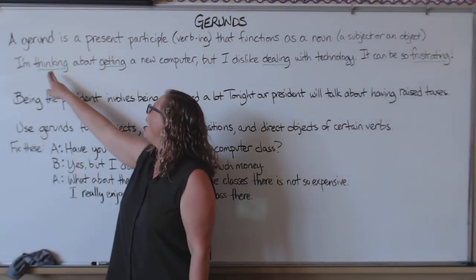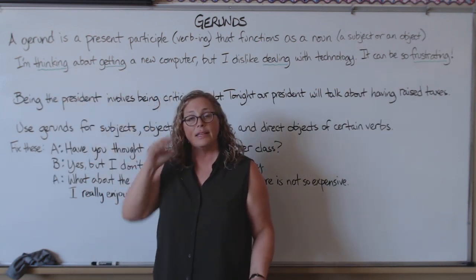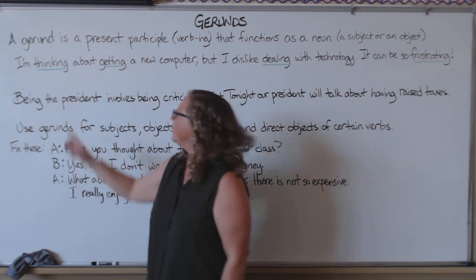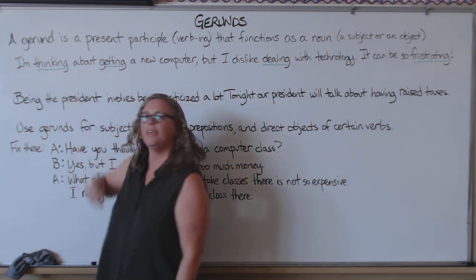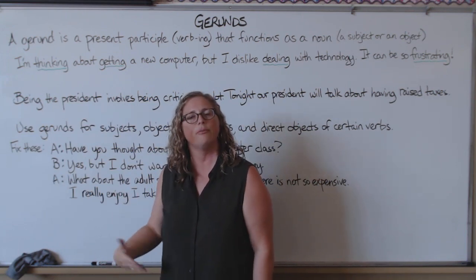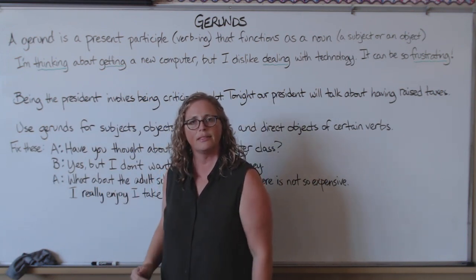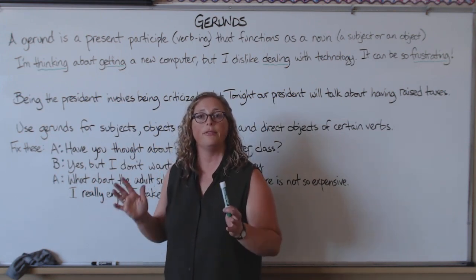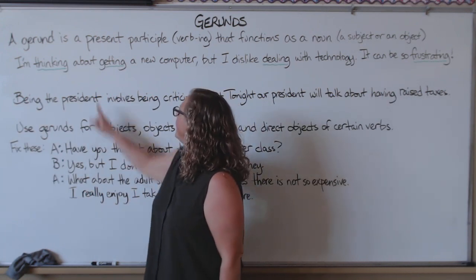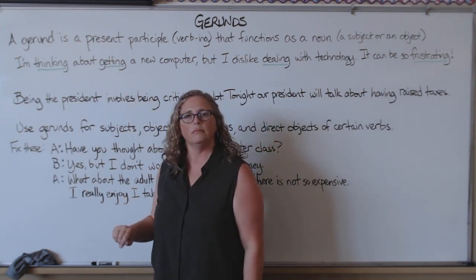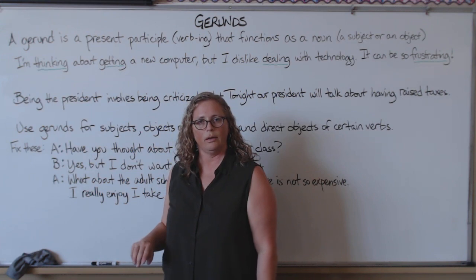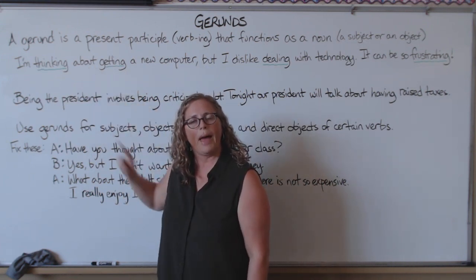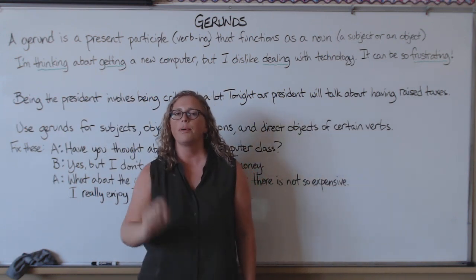Okay, so the first one, I'm thinking, what is this? Is this a noun? No, it's a verb. Here's the verb. The verb is am thinking. This is the present progressive, present continuous verb tense. So this is not a gerund. This is a present progressive verb. I'm thinking about getting. Well, what is this one? What comes before it? The word before it is about, and about is a preposition.